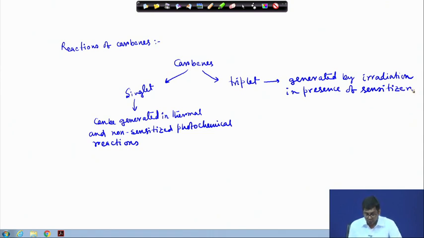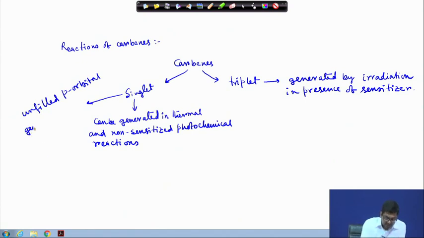Once we can generate these carbenes, they can do various types of reactions. How will they react? In principle, singlet carbenes have an unfilled p orbital, so definitely they can accept electrons, and in general they react in an electrophilic manner.